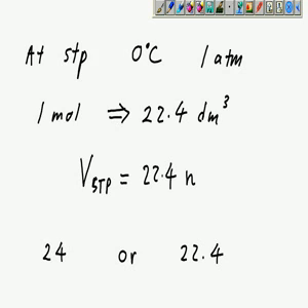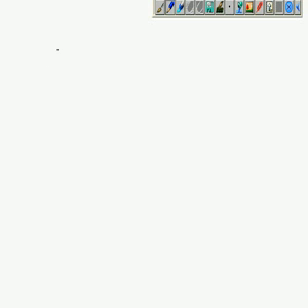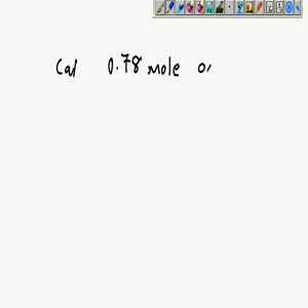This is the convention or the rule that is set for us, and we can try some examples of this STP. The example would be to calculate the actual volume of 0.78 mole of oxygen gas. What type of gas it is is not really important, as long as we can get the number of moles.